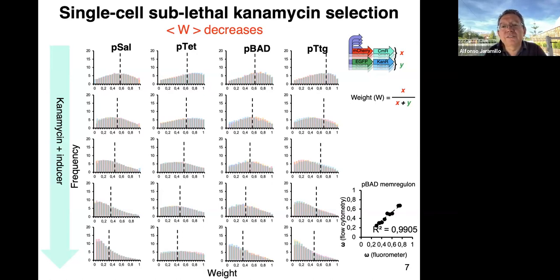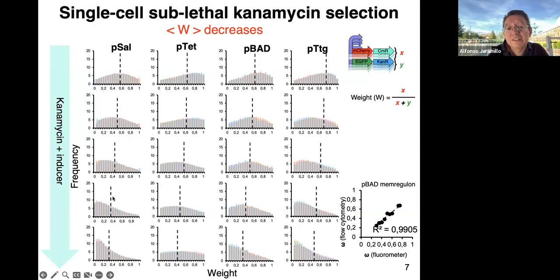So this means, for instance, that if you put in kanamycin, then you are selecting the cells that have a lower weight, because lower weight means more of the Y or less of the X, and it means more of the kanamycin resistance.